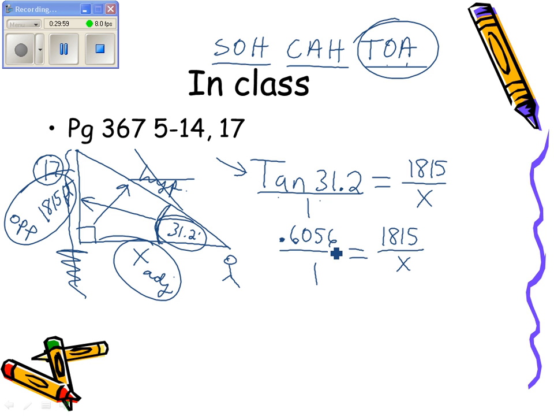Now you just have a proportion that you can solve. We cross multiply, 1 times 1815 is just 1815. 0.6056 times x. And we divide both sides by 0.6056 to solve for the x.